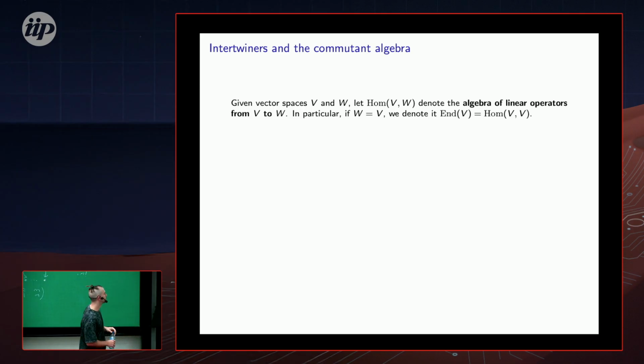Commutants. Given two vector spaces V and W, we will call Hom(V,W) the algebra of linear operators from V to W. And if V is W, then we typically denote it End V, as we were already doing. If V is D-dimensional, these are the D by D complex matrices.